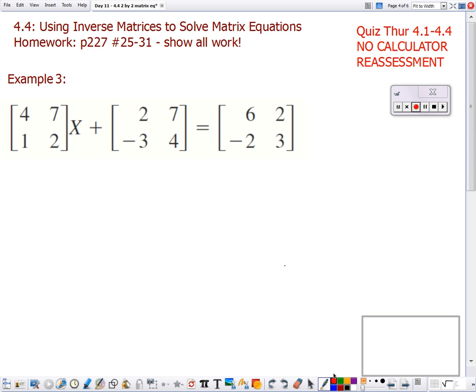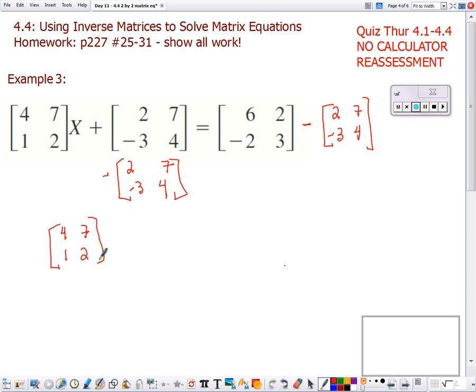And again, order matters. When we subtract here, these matrices cancel, but this negative has to be with that matrix that you're subtracting to the other side. We'll bring this piece down.